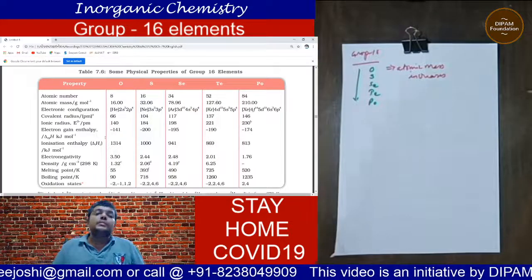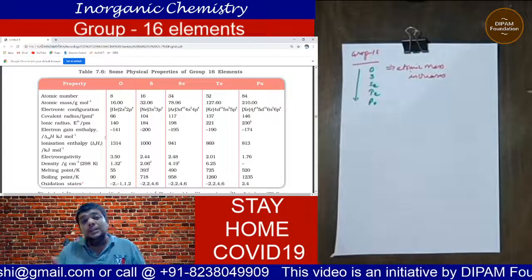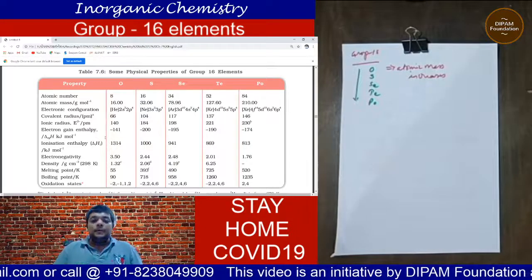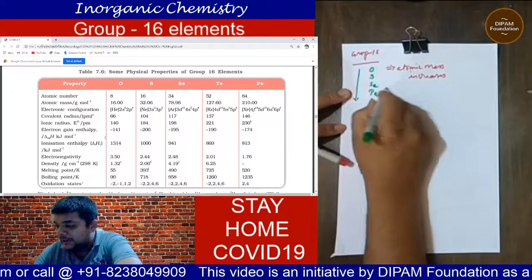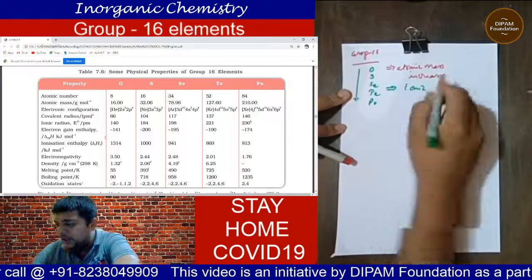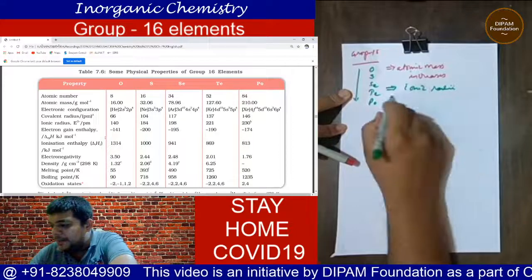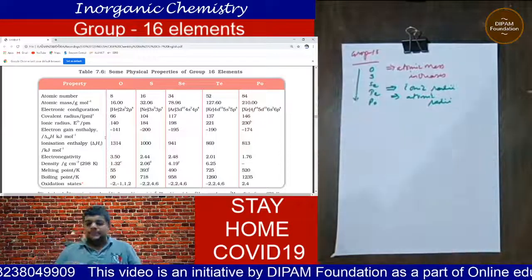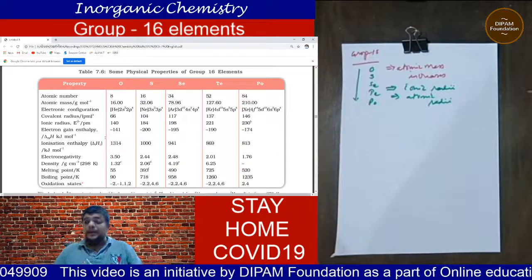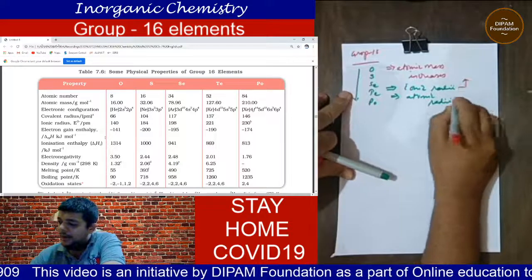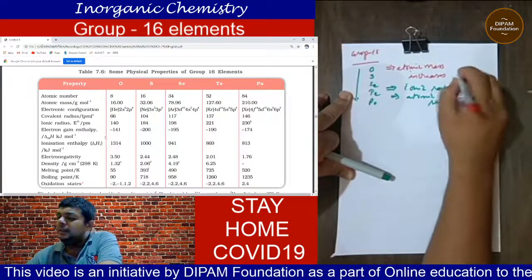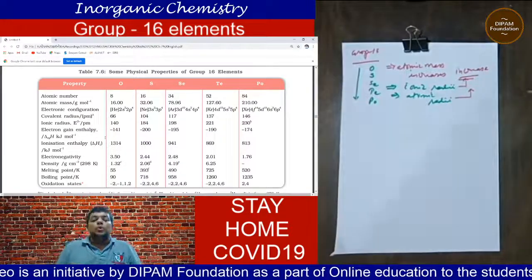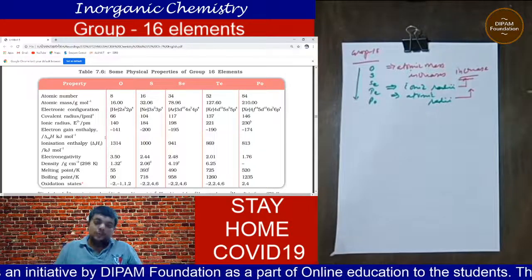If you look at the values given over here, atomic mass is constantly increasing from 16 gram in oxygen to 32 gram and so on. Similarly, if we check the ionic radii and atomic radii, we can very well pinpoint that ionic radii and atomic radii are increasing constantly as we move down the group, that is from oxygen towards polonium.